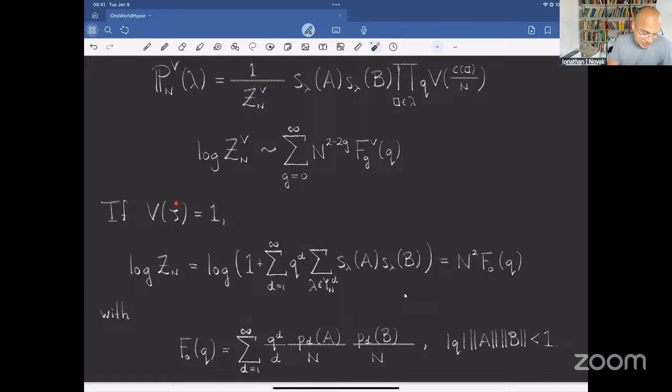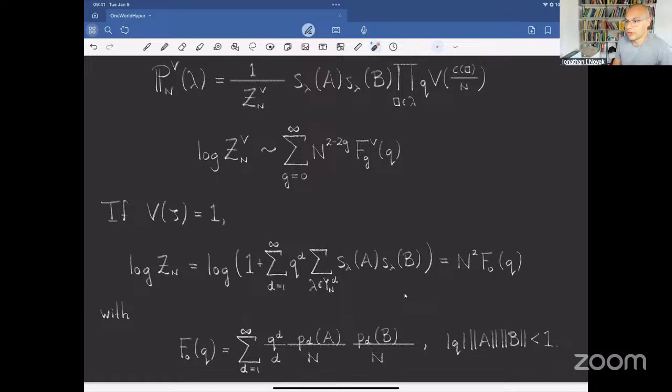But just in the case, once again, in the Schur measure case where your potential is trivial, this is trivial because this is just the Cauchy identity. So this is one way of writing down the Cauchy identity, as an exponential function. So the logarithm of the free energy, right, this is something that's summable from the Cauchy identity, is in fact equal to n squared F0(q) as a finite n identity.